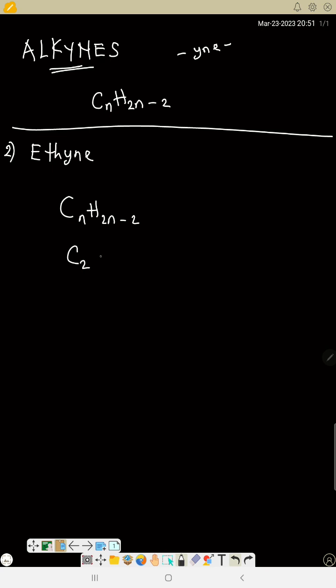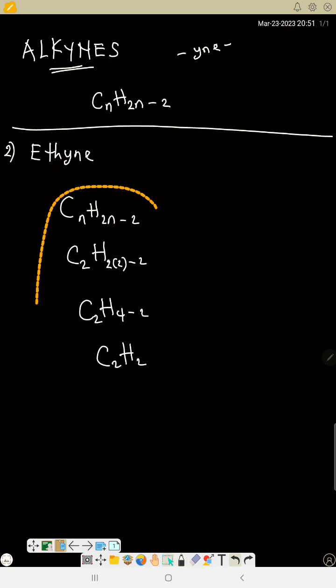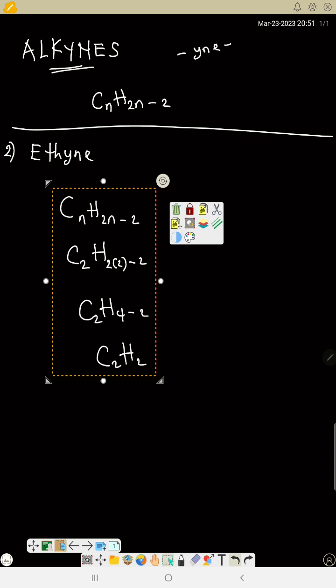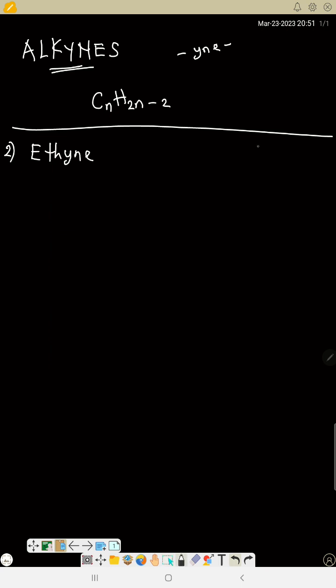C2 H2(2)-2, so C2 H4-2, which is C2H2. So the formula for ethyne is C2H2. Now how can you draw the structural pattern?